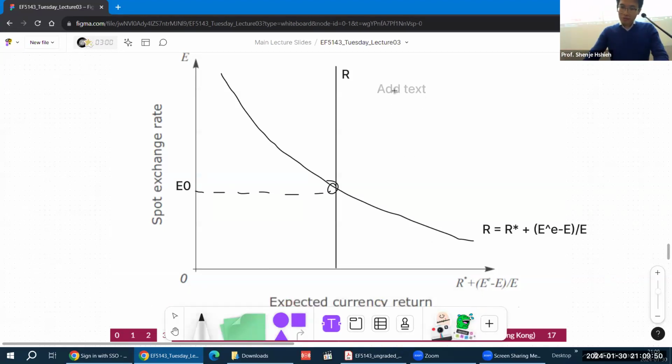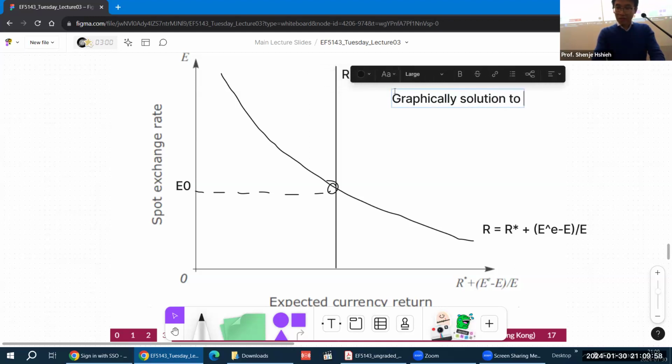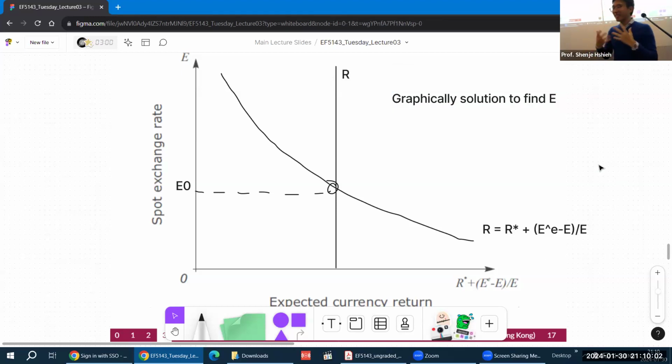So for those of you who don't like to work with the math or writing it, this is a graphical solution to find E, right? So finding E is not that interesting, okay? But in forecasting, when we see people talk on TV or read news articles, we want to digest qualitatively what the central banks want to do, right?